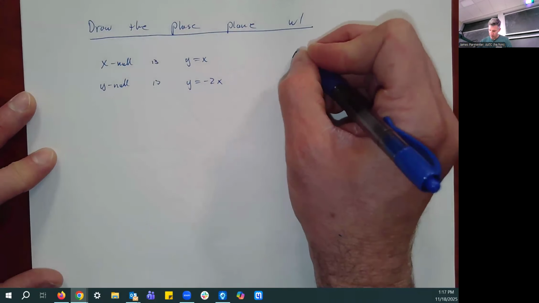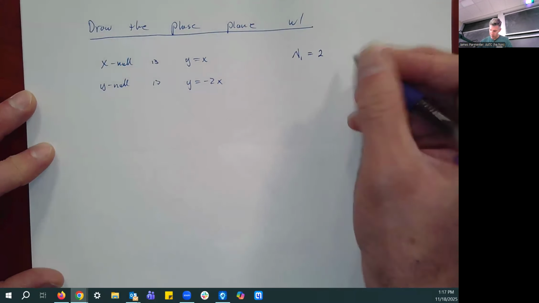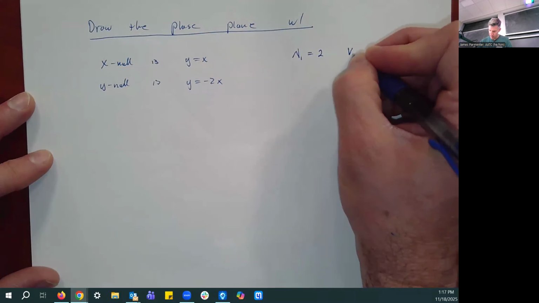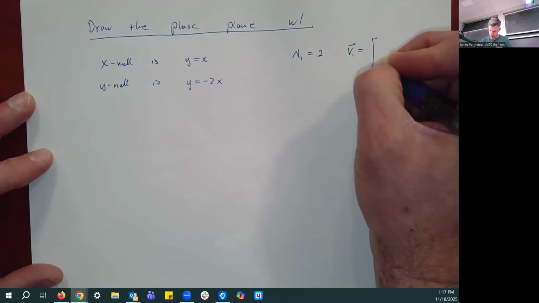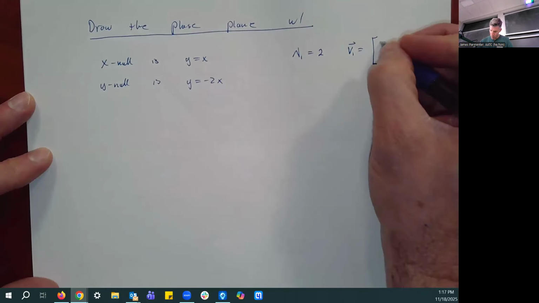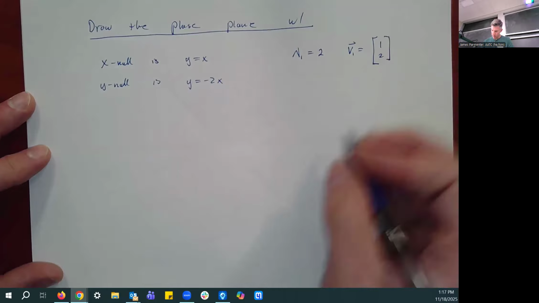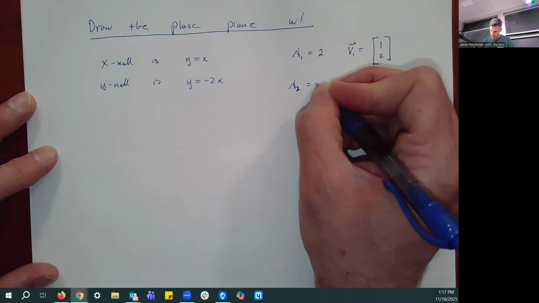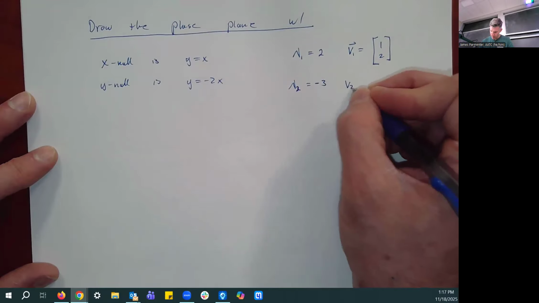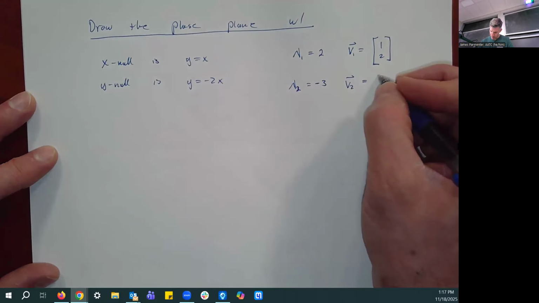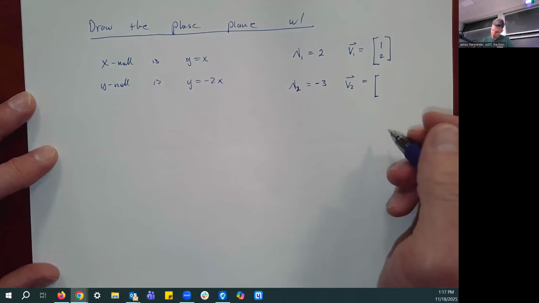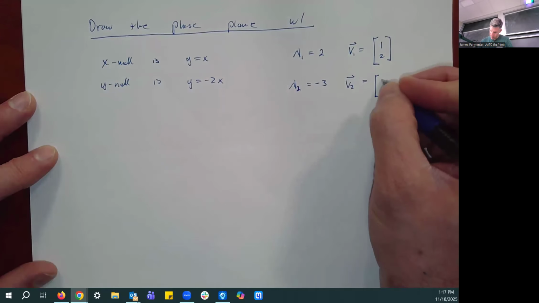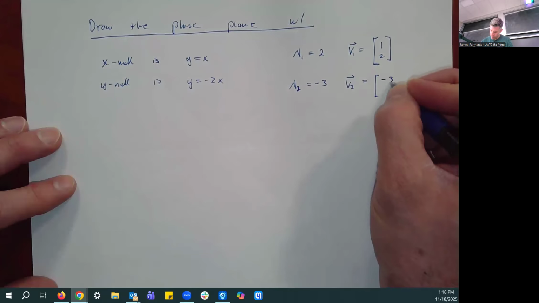One of your eigenvalues is positive 2, and the eigenvector associated with that is (1, 2). And your other eigenvalue is negative 3, and the associated eigenvector is (-3, 1).